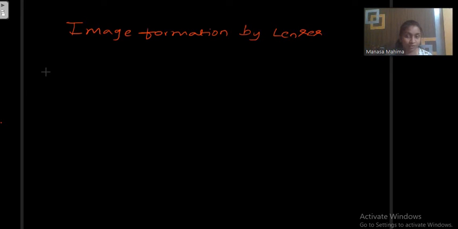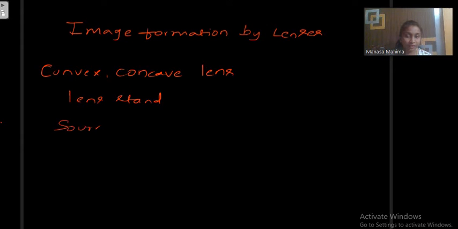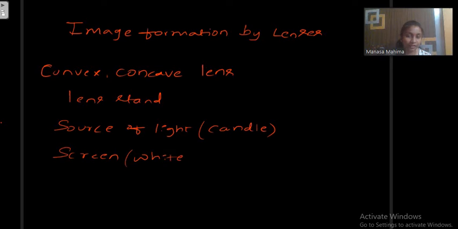For doing that activity, we require convex as well as concave lenses, and we need to have the lens stand, a source of light, for example a candle, and we need to place a screen, which we can take as a white sheet of paper. These are the things we require to do this activity.